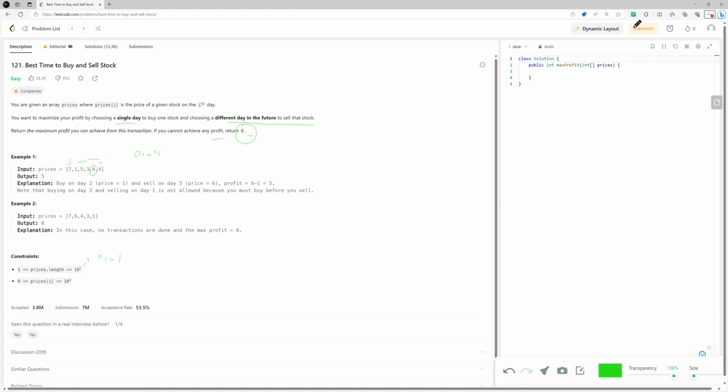Because the maximum profit we can make by selling at this point is subtracting the minimum value from this value. In this case 1 is the minimum value, and the profit that we are achieving is 6 minus 1, which is equal to 5.